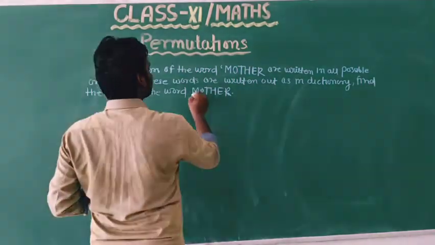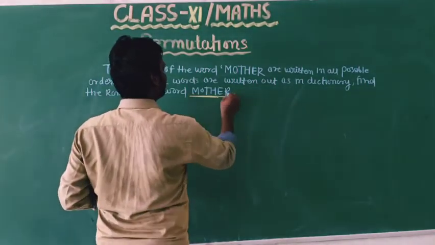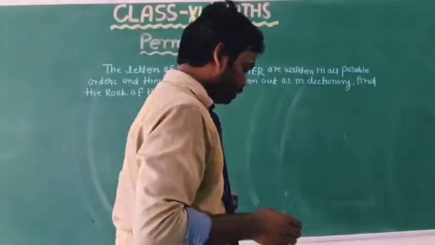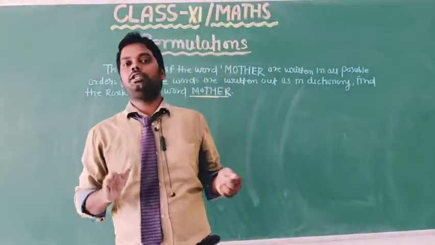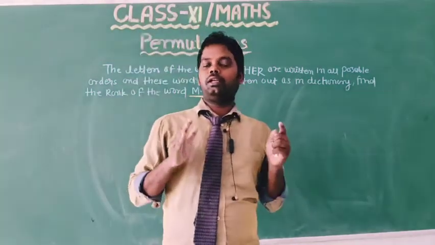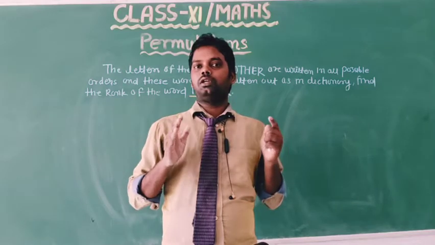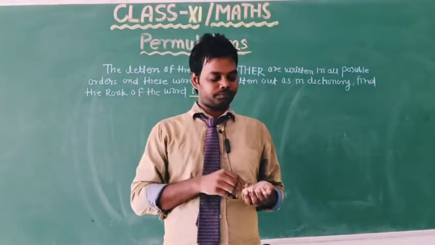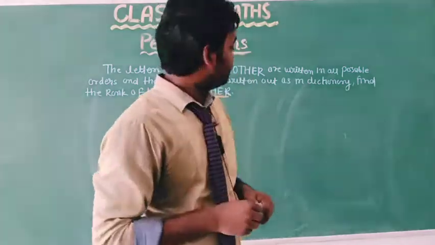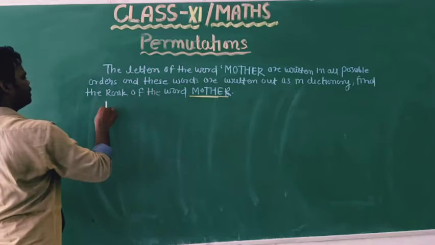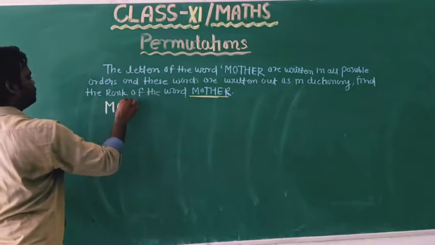Here we are finding the rank of MOTHER if the letters of the word MOTHER are arranged in dictionary order. As we know, in a dictionary the words are written in alphabetical order. So the given word is MOTHER.